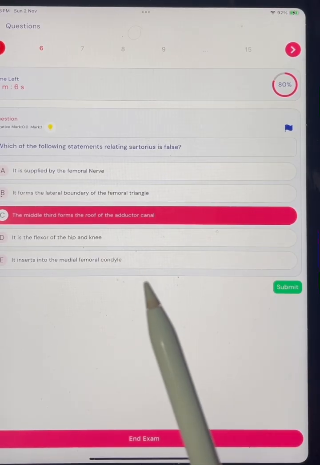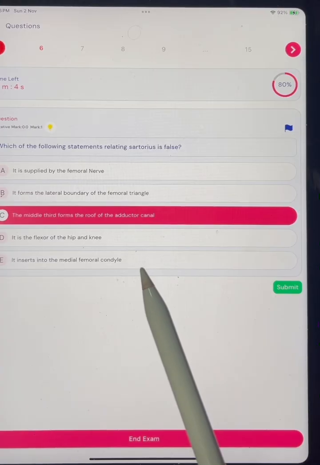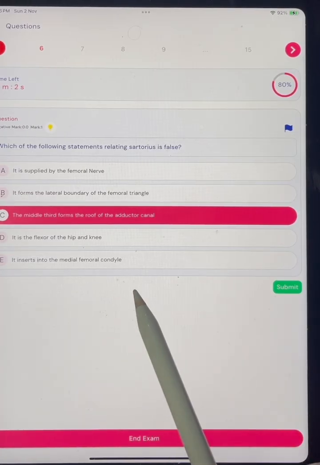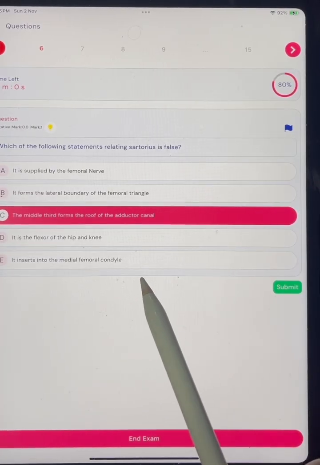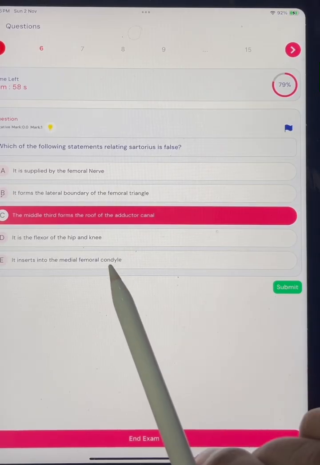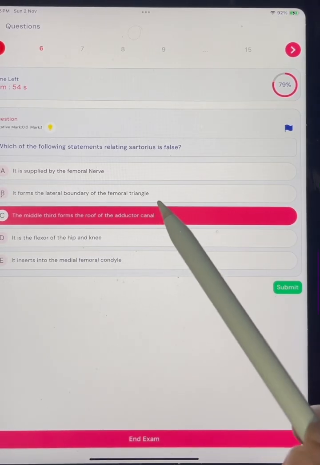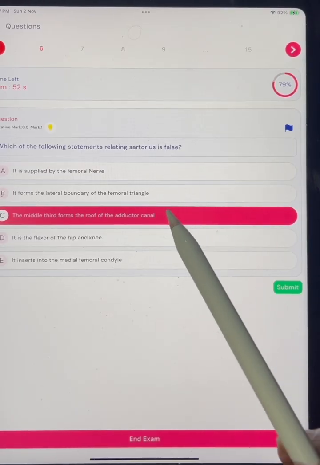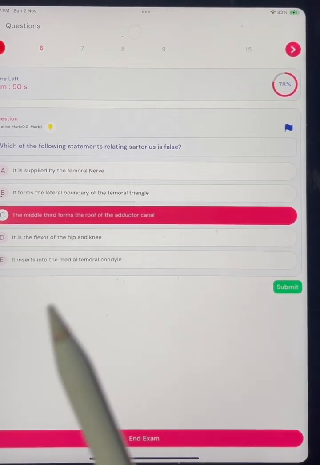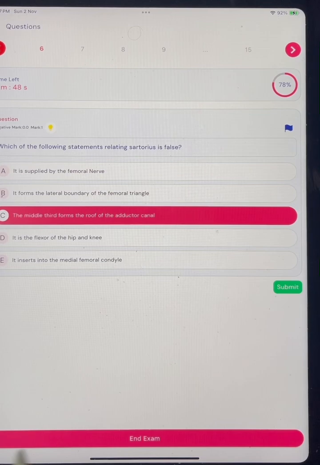If it is a flexor, sartorius inserts into the medial femoral condyle. Yes, flexor of the hip and knee is also true. It is supplied by the femoral nerve. Sartorius is a muscle of the anterior compartment, and it is supplied by the femoral nerve, right?